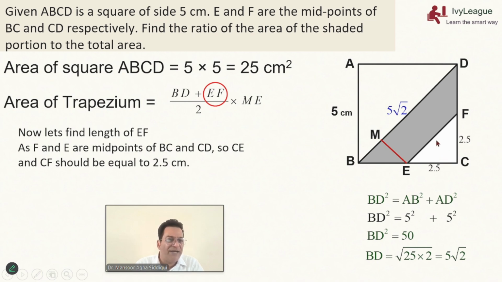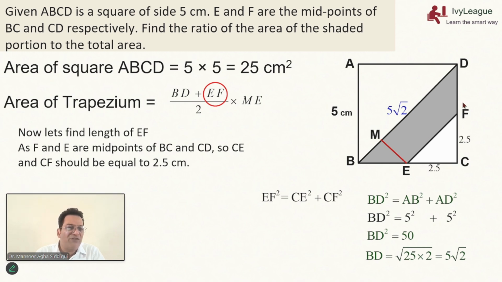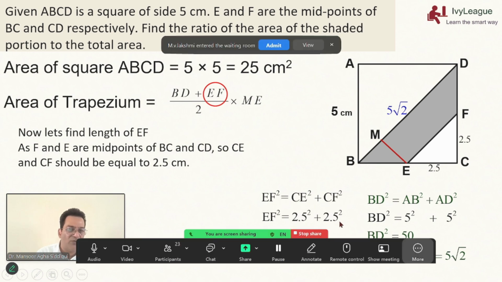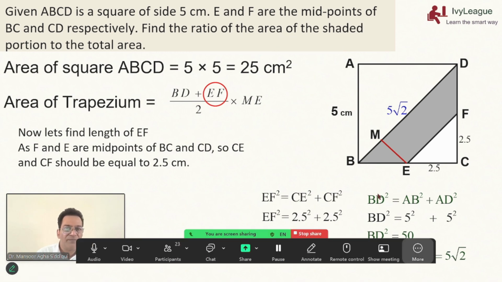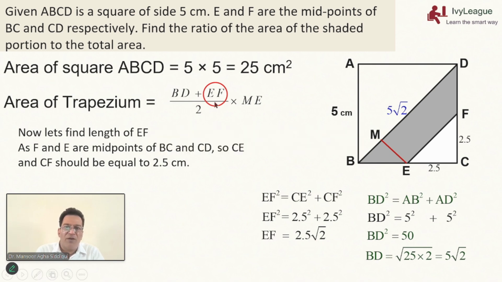From this I can find the length EF, which is through Pythagoras theorem again. So EF square is equal to FC square plus CE square. We already know the value of EC and CF. I substitute those two values, and I end up getting EF equal to 2.5 root 2. So now I found EF also.